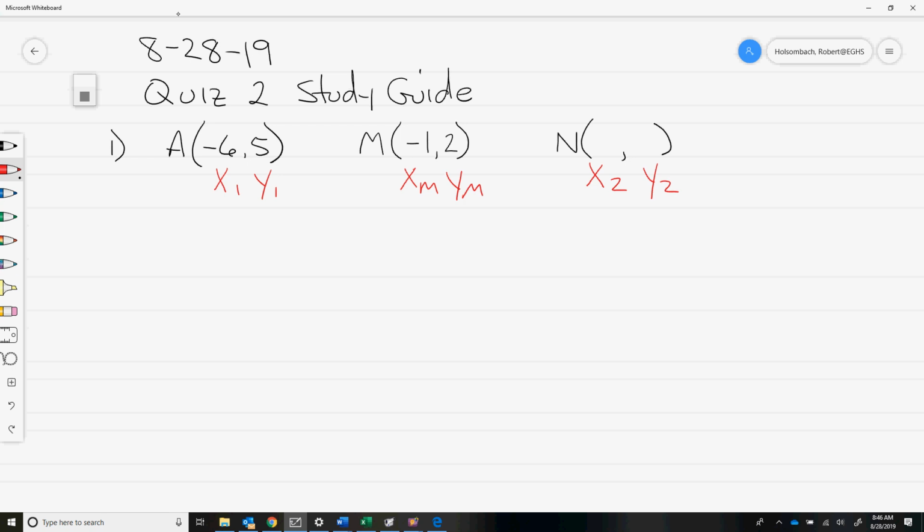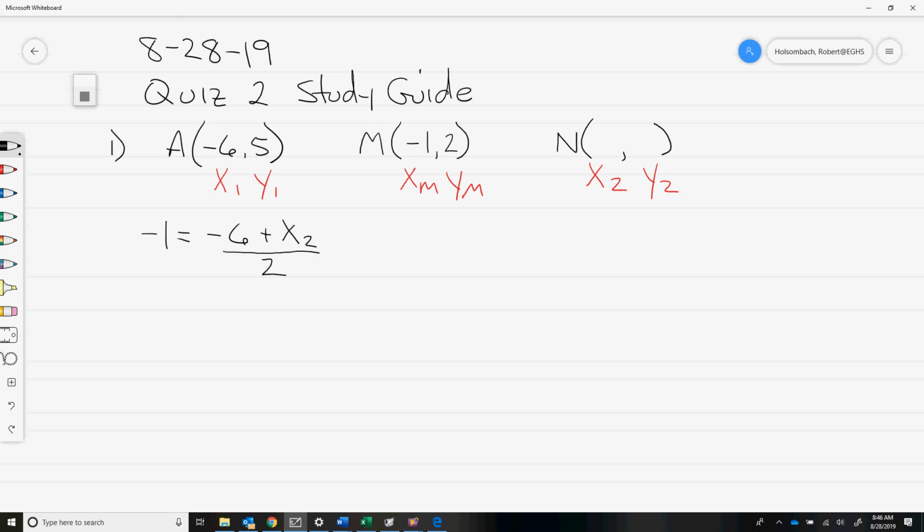So if you substitute these values into the formula to find x sub 2, your x in the middle, negative 1, is equal to your x sub 1, negative 6, plus your x sub 2, and you take all of that and you divide it by 2.